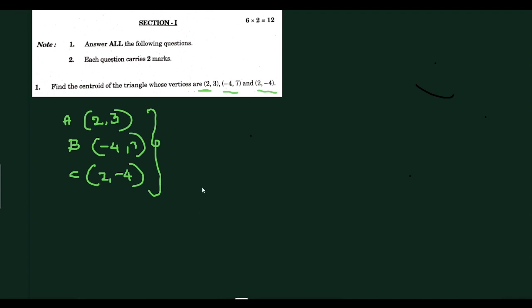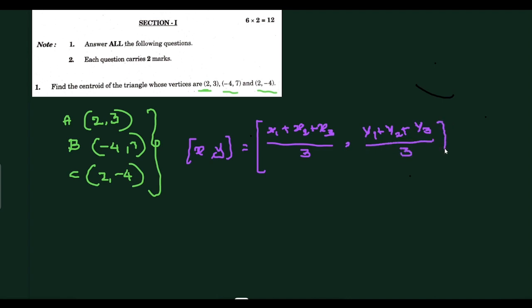Is there any formula? Yes, to find the centroid we have a formula: (x, y) centroid is equal to ((x1 plus x2 plus x3) by 3, (y1 plus y2 plus y3) by 3). Got it? Now, if we substitute all these values and solve it, we'll get the centroid.